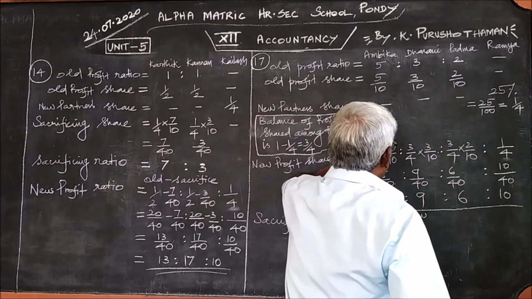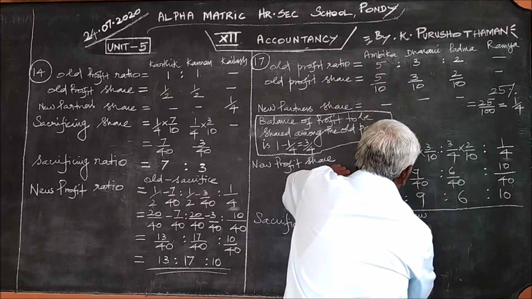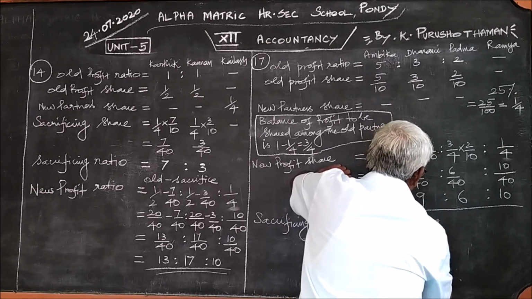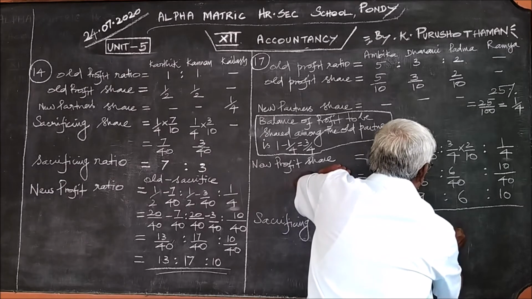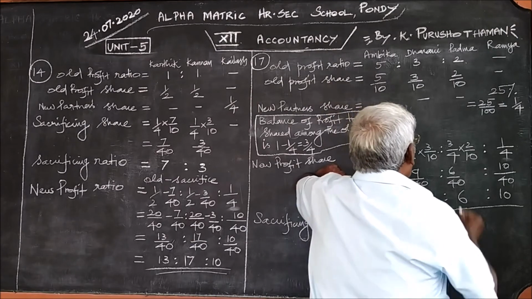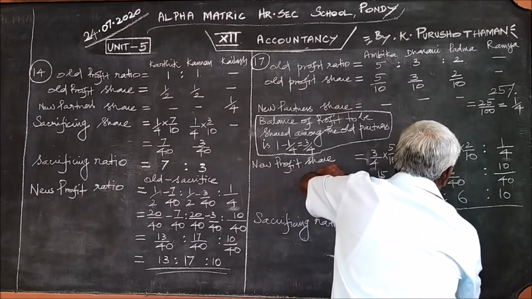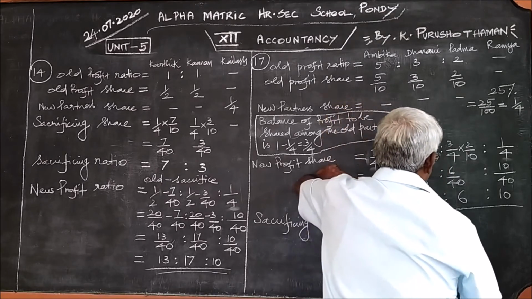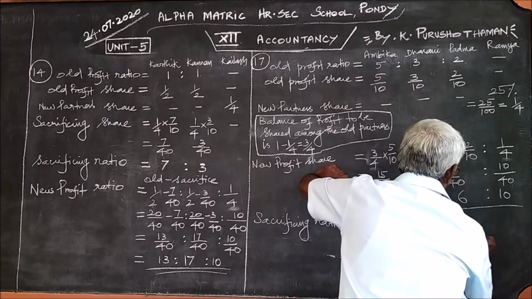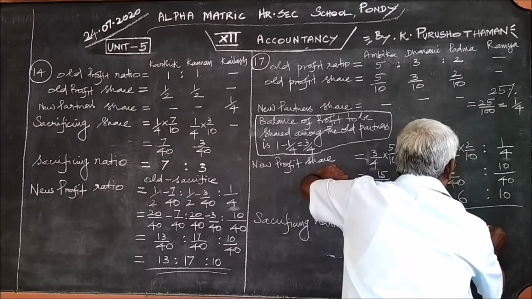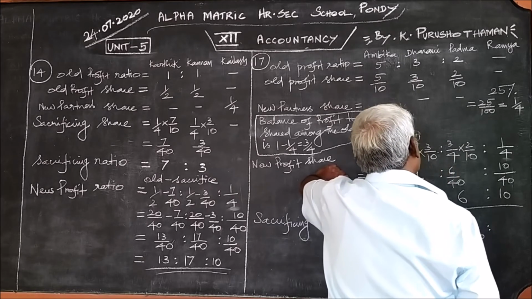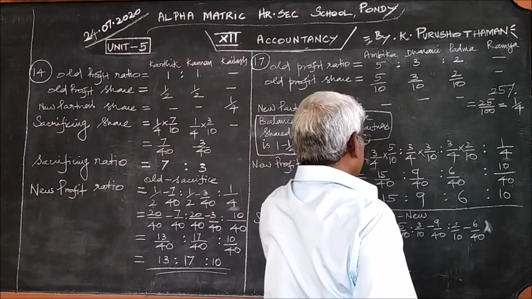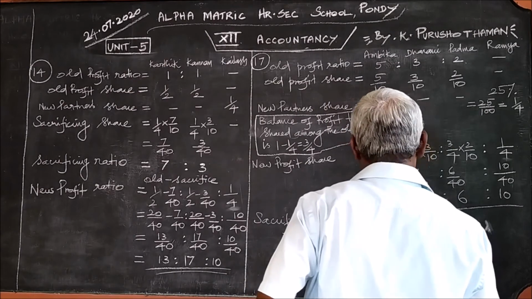Then for Dharani, old 3 by 10, new is 9 by 40. For Padma, old one is 2 by 10, new share is 6 by 40. That's all, because these are the three partners sacrificing. The new partner has no place here.